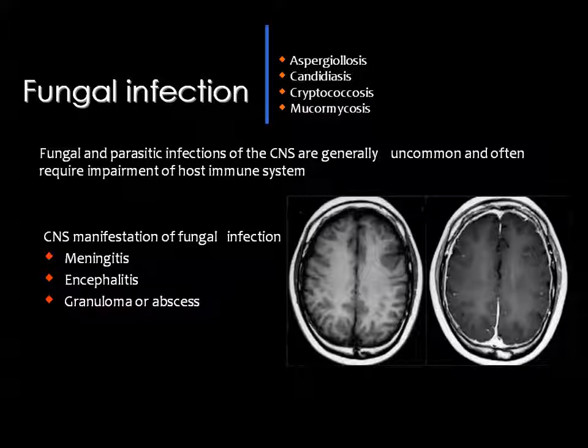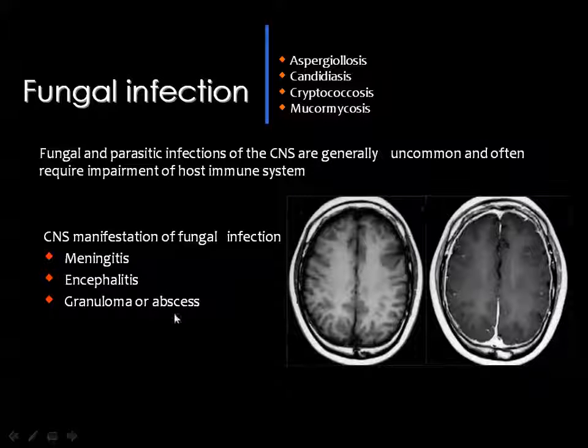Then we came to fungal infection, and you know that fungal infection and also parasites infecting the CNS are usually uncommon, and many times the patient is one of those who are immune compromised.